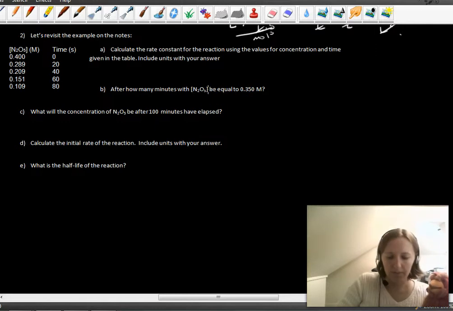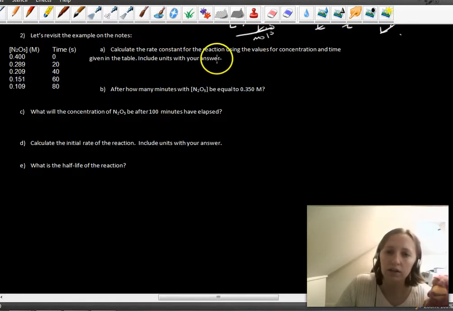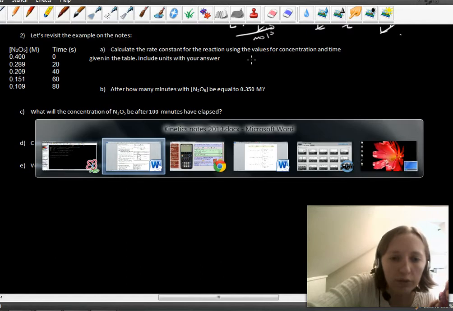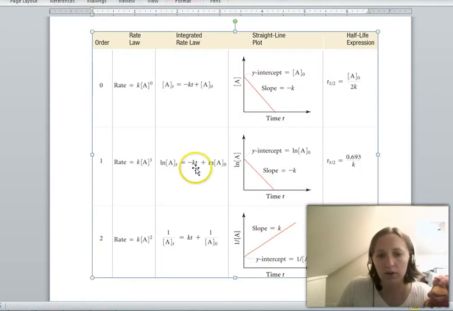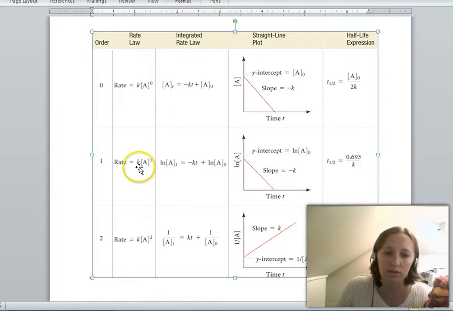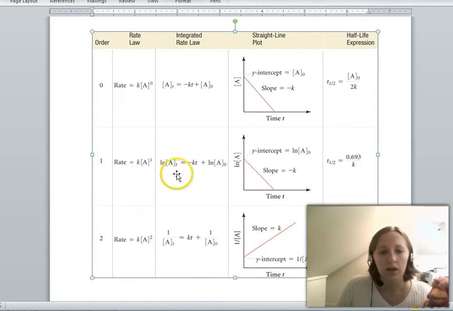So we know that for this set of data, the equations that we're using are the first order equations. So let's flip to that. So it's this set of equations that apply, because what we found is that the line was straight when you do an ln, so that means we use this one, and this one.